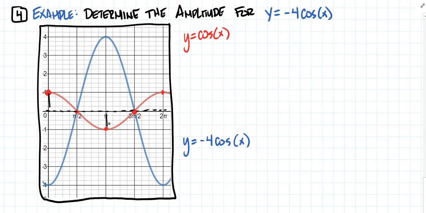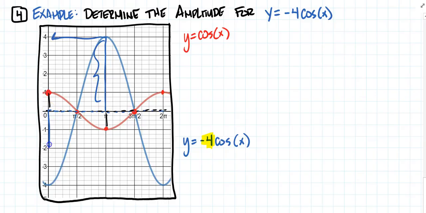Now let's consider the blue graph here. You're probably noticing that there's a negative 4. Hopefully you notice that the negative out in front is going to give us a reflection over the x-axis, and the 4 is going to push the amplitude from a value of 1 to a value of 4. So what do I mean by that? Well, here we go. Again, the midline hasn't changed because I have not moved this graph up or down at all, but the distance from the midline to the highest point here, you'll notice, is a value of 4.